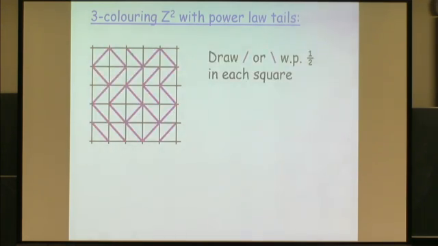So in each unit square, draw a diagonal, either this way or this way, with probability half each. Flip a coin for each square. And this pair are going to have the same colour as each other. Now, look at this pink picture. What do you see?